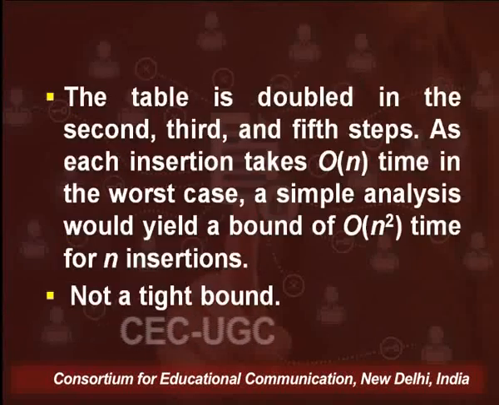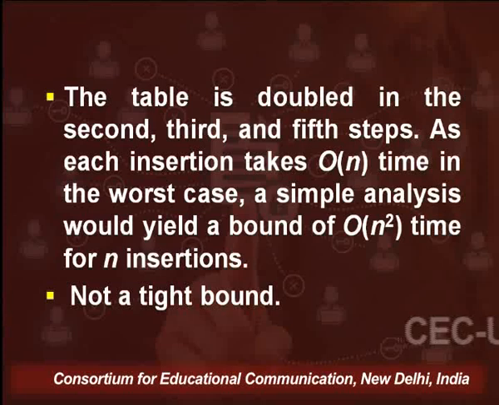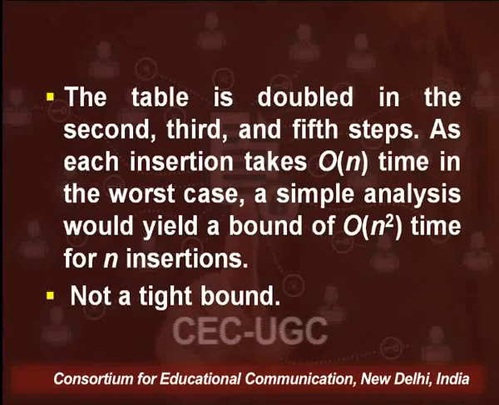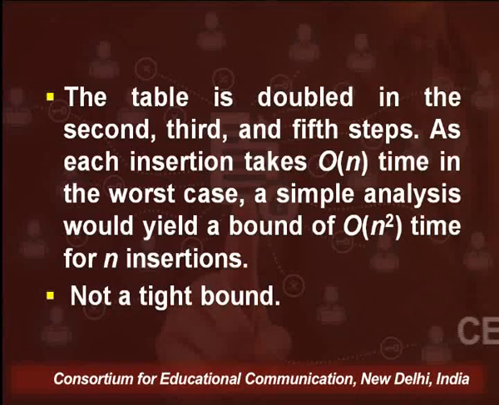Now if we come to the analysis of n insertion operations, we can see the table is going to be doubled at the second step, third step and fifth step.